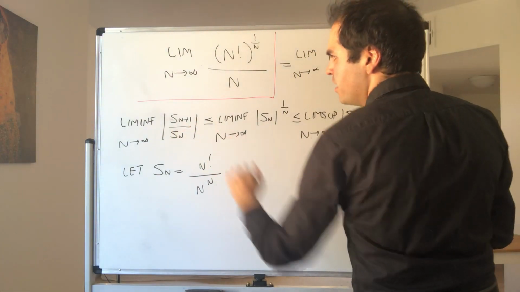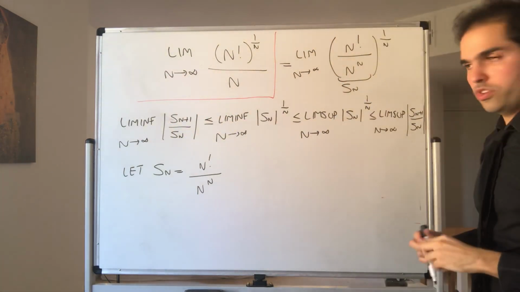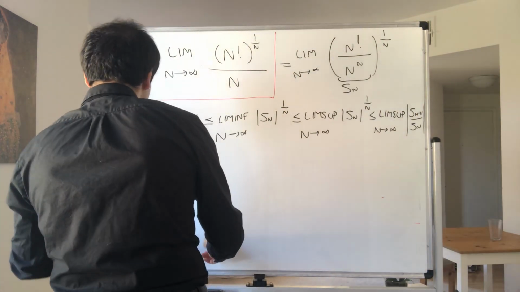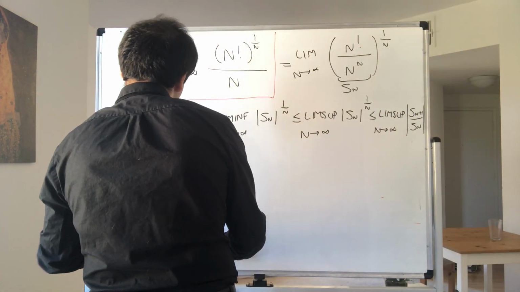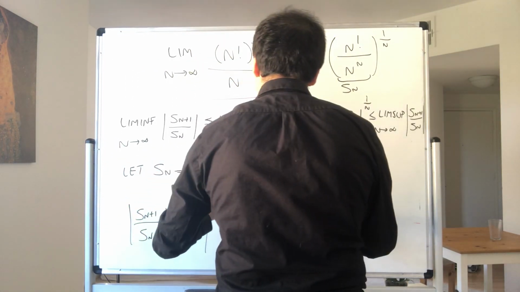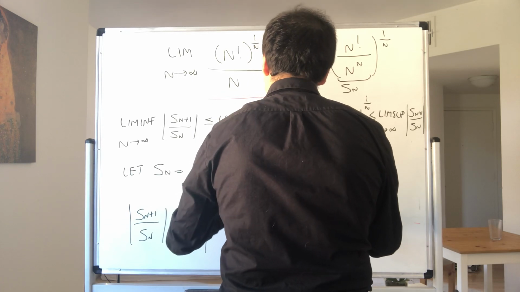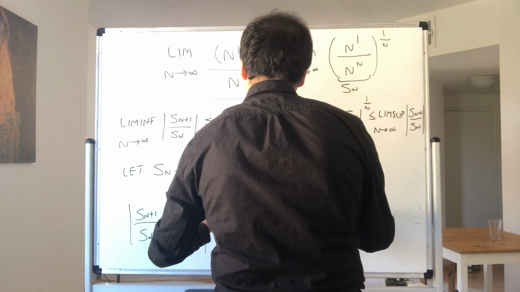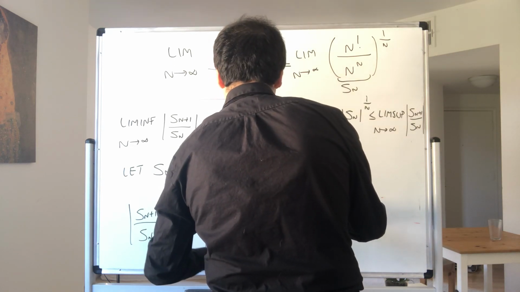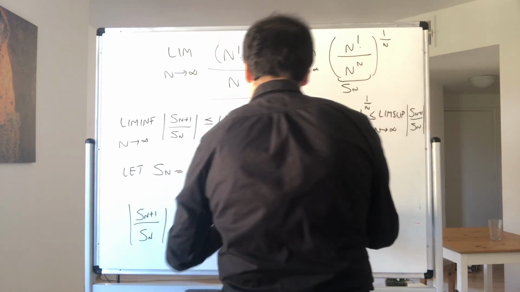And therefore, this suggests to study the ratio terms. So consider S_{n+1} over S_n, which really is (n+1) factorial over (n+1) to the n+1, over n factorial over n to the n.